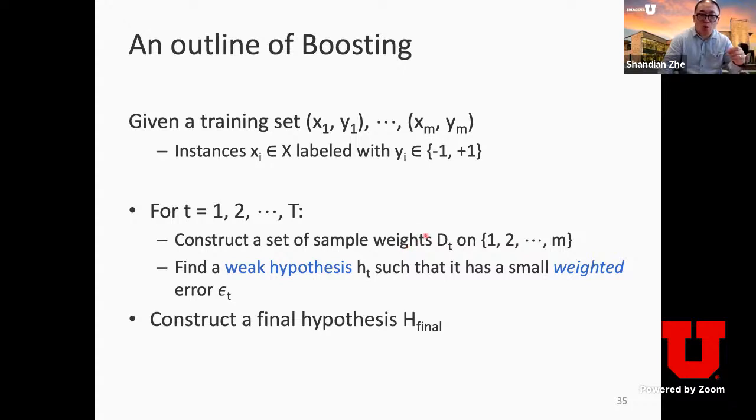Based on those weighted training examples, we find a weak hypothesis ht such that it has a small weighted error epsilon t. After big T rounds of learning, we have collected big T weak hypotheses, and then we combine them through linear combination to construct a final hypothesis denoted by H final. This is the whole algorithm framework.